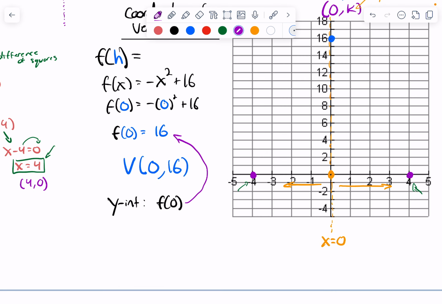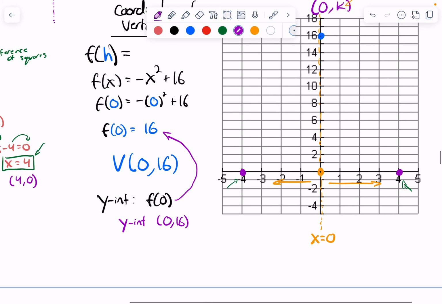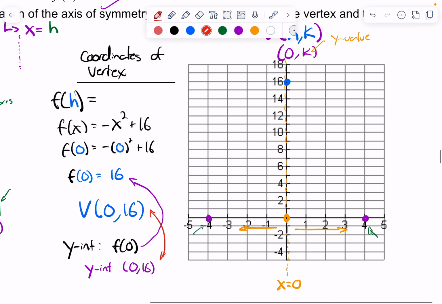So in this case right here, we have a y-intercept at the coordinate 0, 16. So it just happens that our vertex and our y-intercept are the same, meaning that the parabola has its maximum point right up here at the intercept.